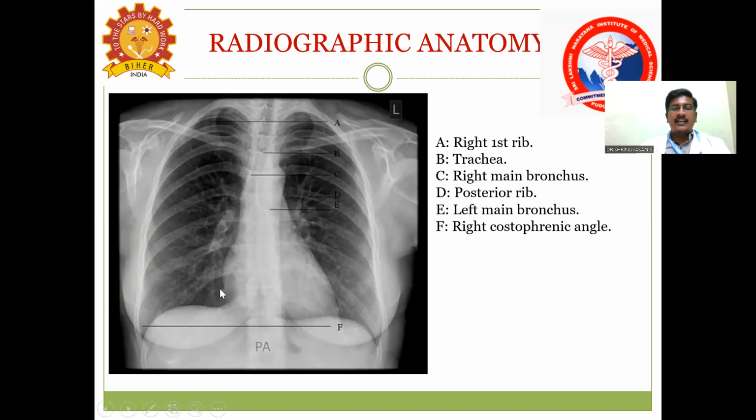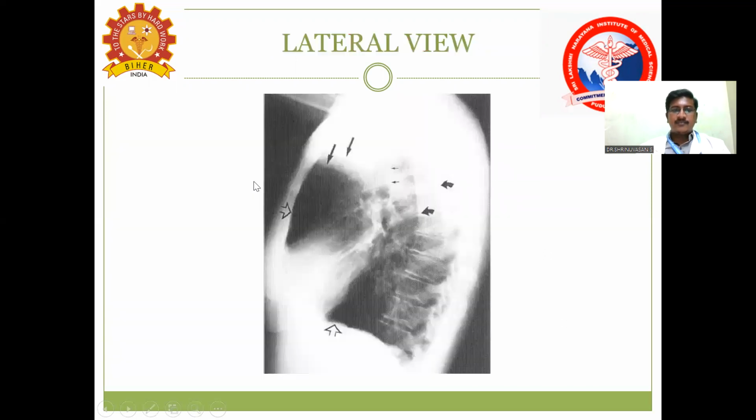And you can see the angle between the heart and the lungs, that is the cardiophrenic angle, and the angle between the ribs and the lung margins is called the costophrenic angle. So this is a normal gas-filled shadow, and you can see the normal clavicle here, scapula here. So this is about normal radiographic anatomy.